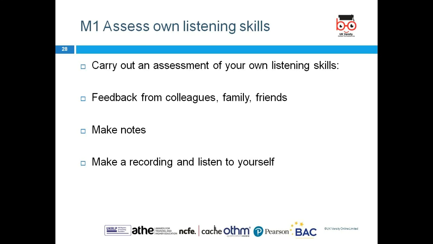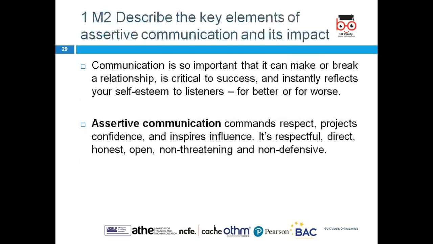Let's go on to, we've got 3 more questions, sorry. So 1M2, the second merit question, is describe the key elements of assertive communication and its impact. Now you'll notice we've already described assertive communication and its impact, I think it was 1.5. So we talked about that. So just link it, say, as per my responses in, and then link it back to the question.